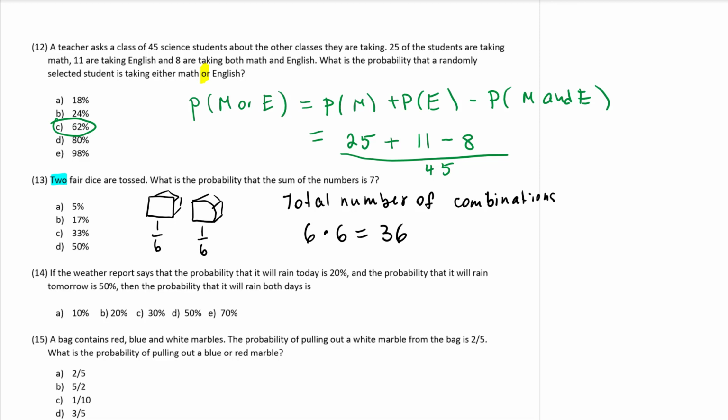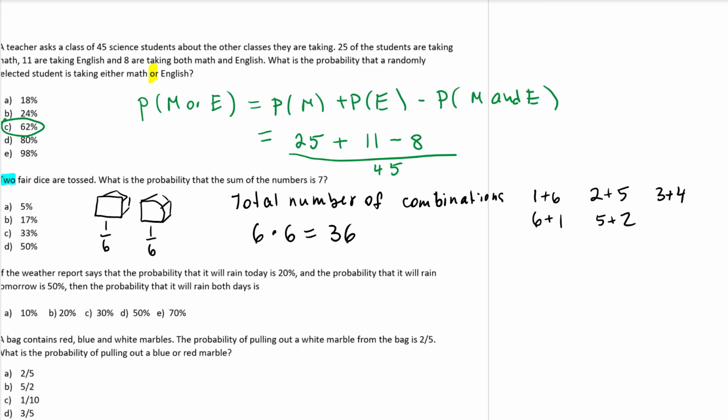And we're looking for the ones that have a sum of 7. How can we get a 7? Well, we can do 1 plus 6, or 6 plus 1. We can do 2 plus 5 and 5 plus 2. And finally, we can have 3 plus 4 and 4 plus 3. It doesn't matter the order, because the first one can be a 3 and the second one can be a 4, and vice versa.